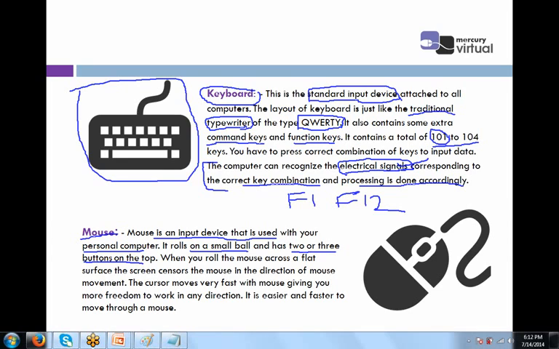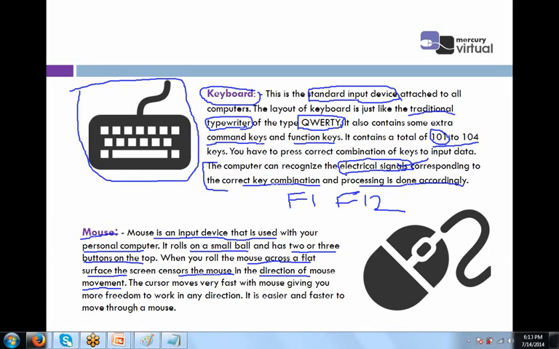When you roll the mouse across a flat surface, the screen cursor follows the mouse movement, like I am moving my mouse in this way. Where I direct the mouse, in the same way the sensors move from one direction to another.